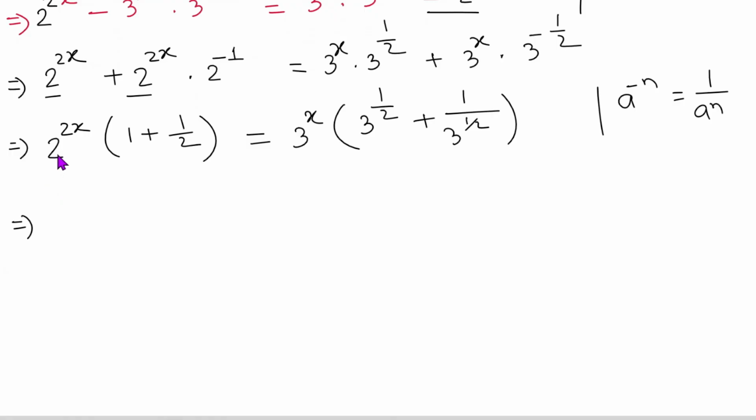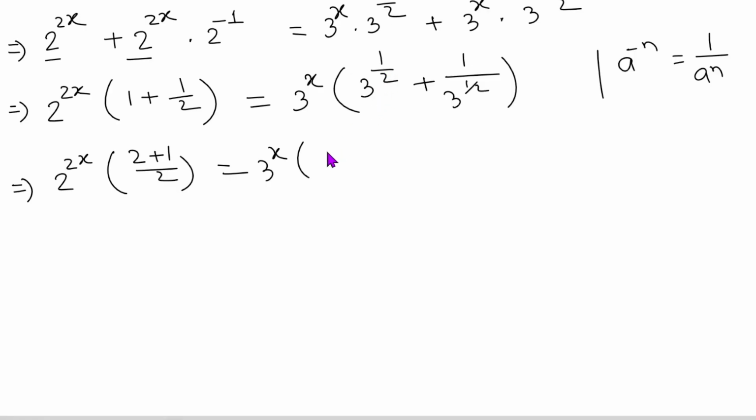Now 2 to the power 2x, and here is LCM, 2 plus 1 by 2 equals 3 to the power x. 3 to the power 1 by 2 we can write root 3 plus 1 divided by 3 to the power 1 by 2, we can write root 3. It's for our simplification.